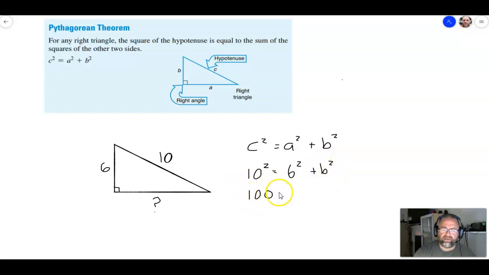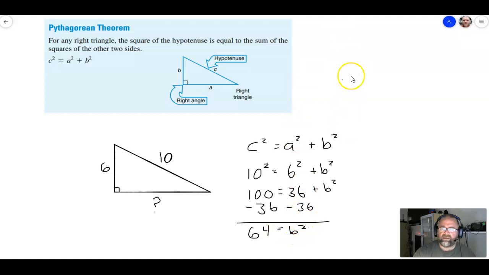All right, so once I do that, next thing I'm going to do is square those out. So I have 100 is equal to 36 plus b squared. Now I'm going to subtract 36 from both sides, so I get the variable b squared by itself. So that's going to give me 64 is equal to b squared. Next thing I'm going to do is take the square root of both sides. So take the square root of 64 and also take the square root of b squared.